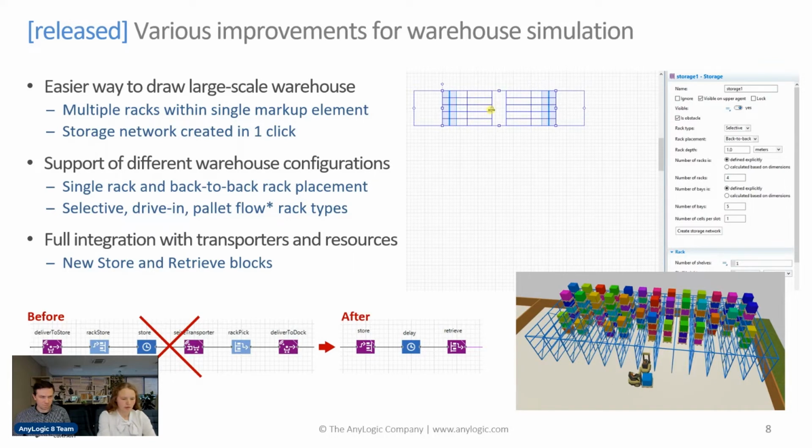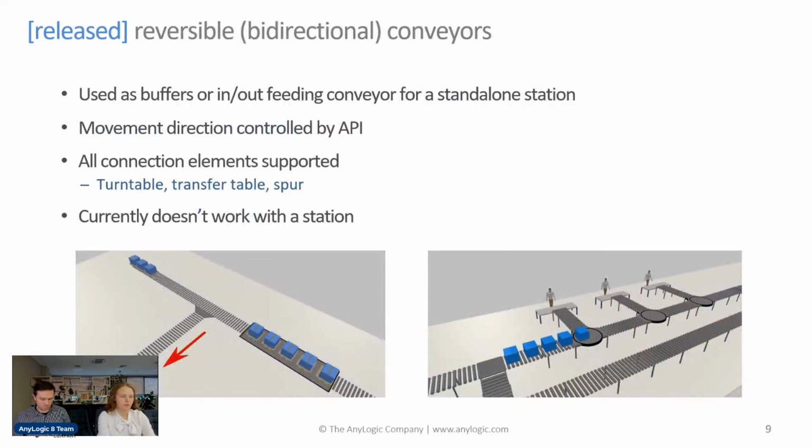Okay. The second feature that was awaited for a long time by our users is reversible conveyors. Finally, I'm happy to announce that this year we released it and already got some positive feedback.